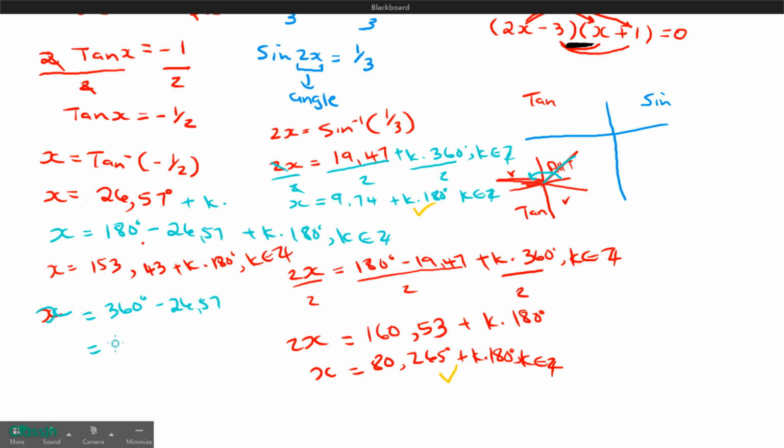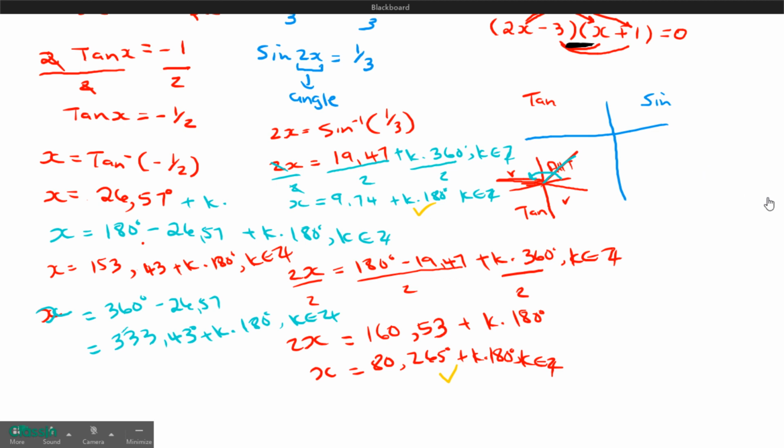Then when we press this on a calculator, 360 minus 26.57, we get 333.43 degrees plus k times 180 degrees, where k is an element of integers.